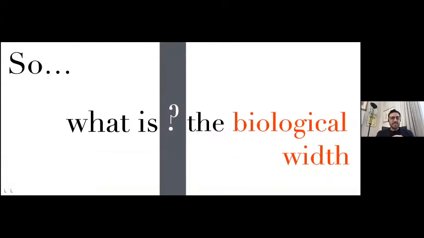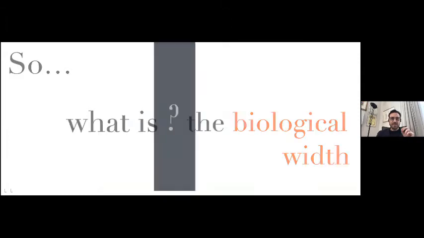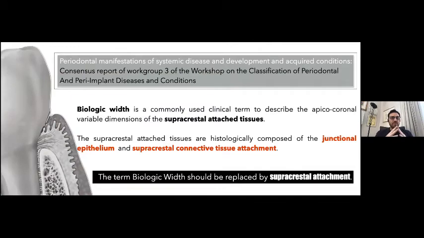The latest classification of periodontal disease introduced a new definition, supracrestal attachment. The term biologic width should be replaced by supracrestal attachment. Hence, the biological width to date is defined as the compartment involving the supracrestal tissues attached to the dental roots.